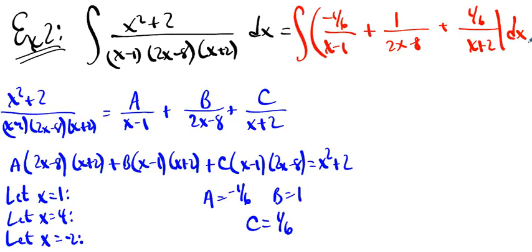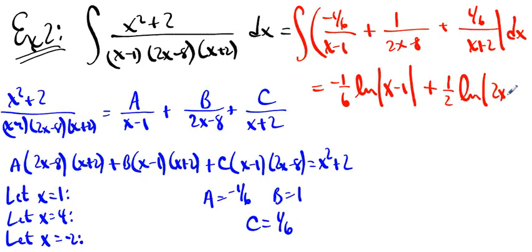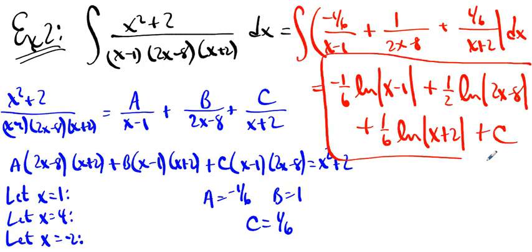In fact, all of them are natural log. This is a natural log. Don't forget the absolute value bars. This is a natural log with a u sub in its head. And this is a natural log. Never forget to add the constant c.